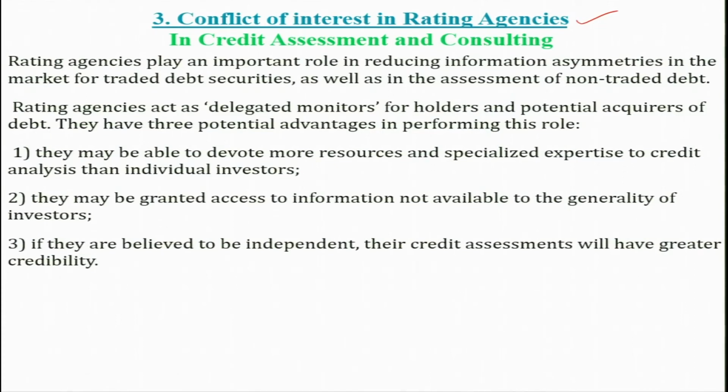So, the rating agencies here act as delegated monitors for holders and potential acquirers of debt. Here they have three potential advantages in performing this role. One is they may be able to devote more resources and specialized expertise to credit analysis than individual investors.